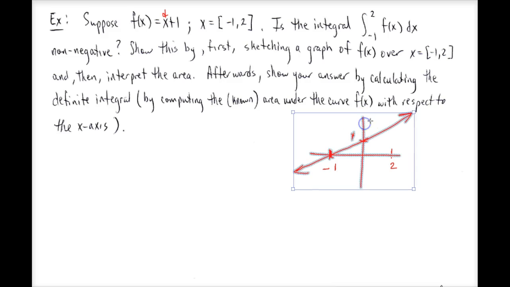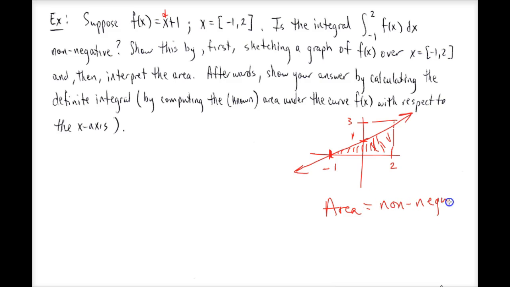And what we're concerned about is all this area that is in here. So from the graph, we see that it would be non-negative. So the area here is non-negative. And of course, I know area practically can only be non-negative, but we're just saying in terms of the graph.